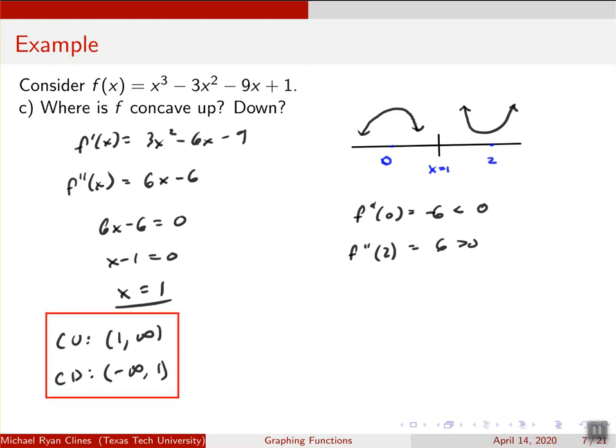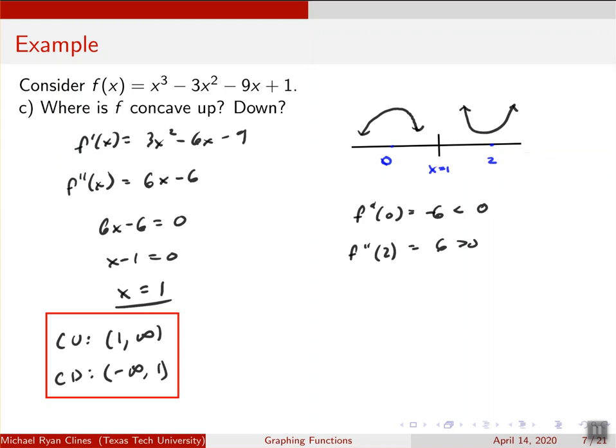From negative infinity to 1, the second derivative is negative, so it is facing downwards. So that's why it's concave down here. From 1 to infinity, the second derivative is positive, so it is concave up on this interval. So that is how you determine where it's concave up and where it's concave down.